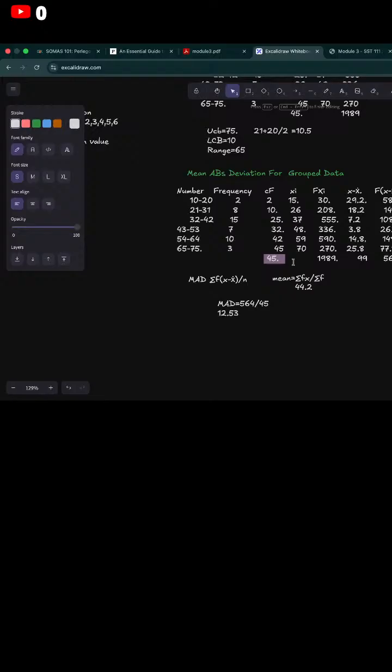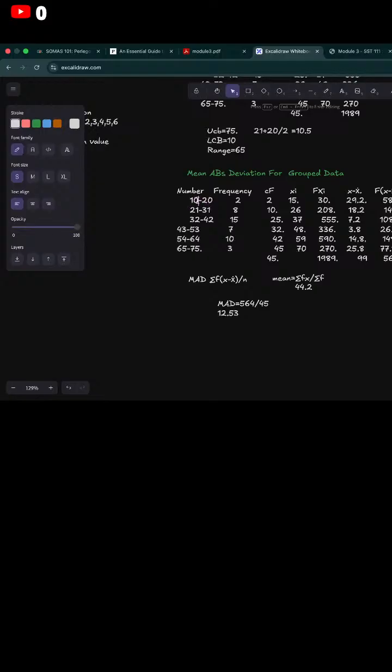After doing that, you are supposed to search for the midpoint. This is to show you how we get 15. You come here to your classes, you add them, and you do an average.